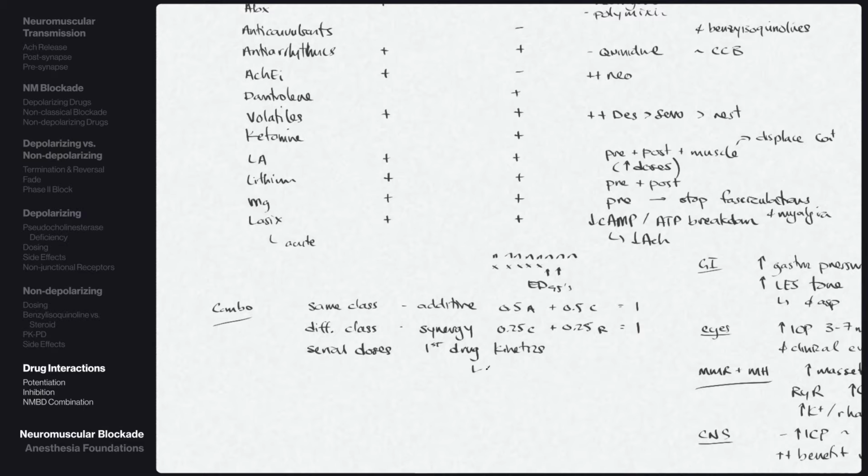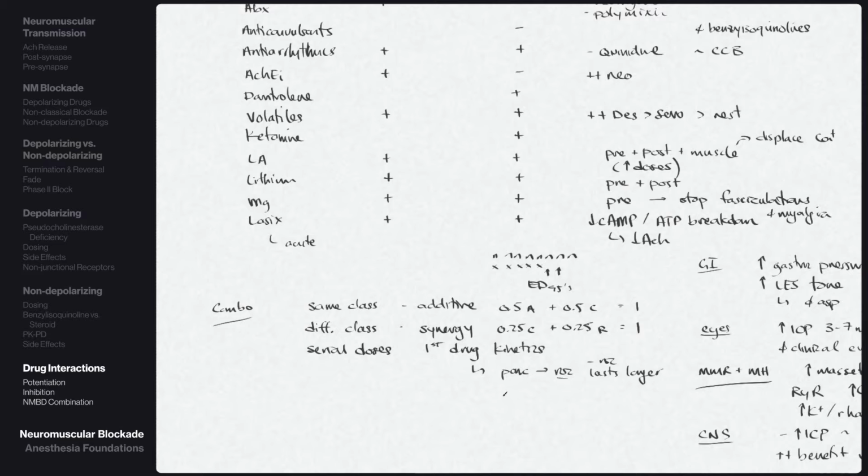In that sense, if you were to first give pancuronium, which is a very long-acting medication, and then the second dose is rocuronium, what we see is that the roc lasts longer. It's probably not technically the roc that's lasting longer, but that the paralysis in general is lasting longer than we'd expect for rocuronium.